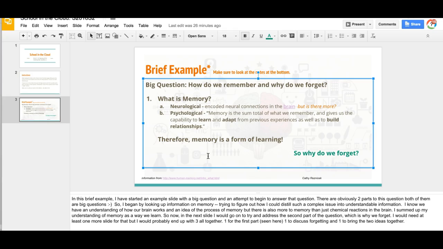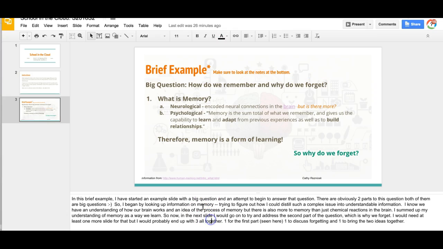You may only have 1 or 2 slides depending on the question you choose, but again, make sure that it's complete. We want to be able to understand where you're coming from, and feel free to write more explanations here in the notes section if you want to. So everybody's going to be jumping into the slide deck, adding your own thoughts and ideas.